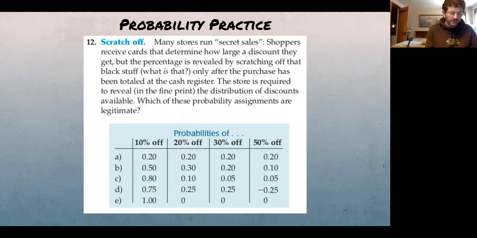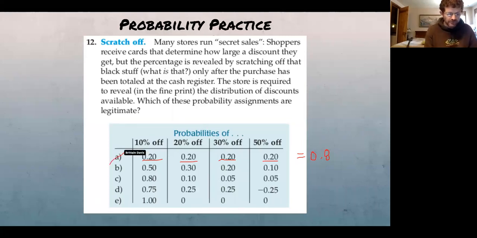If we look through all 5 of these distributions, in this case, people could win 10, 20, 30, or 50% off on their groceries. In the first one, there's a 20% chance of each of those discounts, but that only adds up to 0.8. So that is not a legitimate distribution because it has to add up to 1. So A is no good.